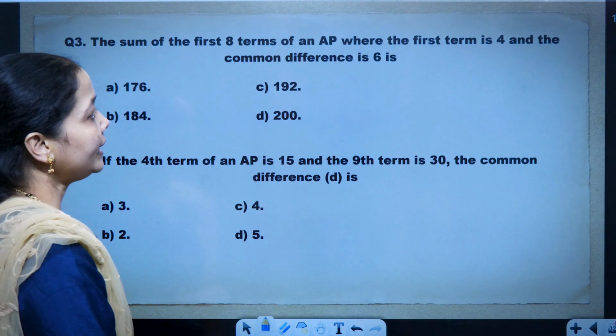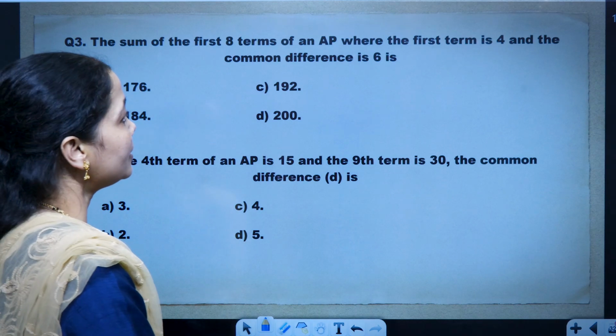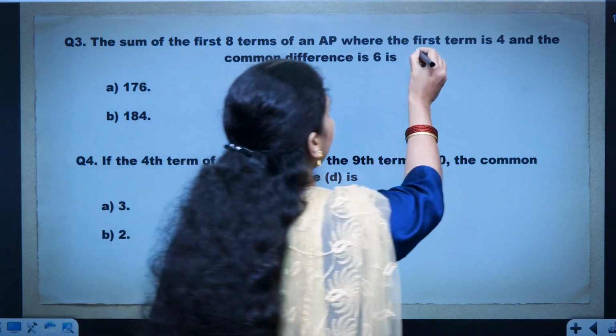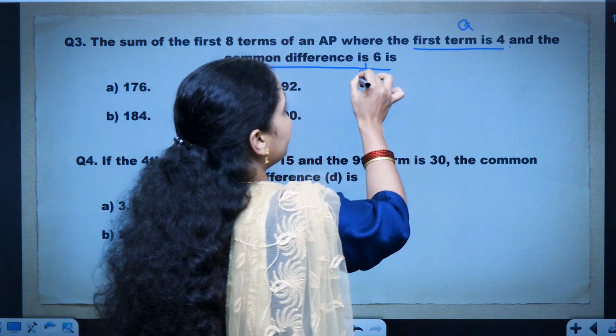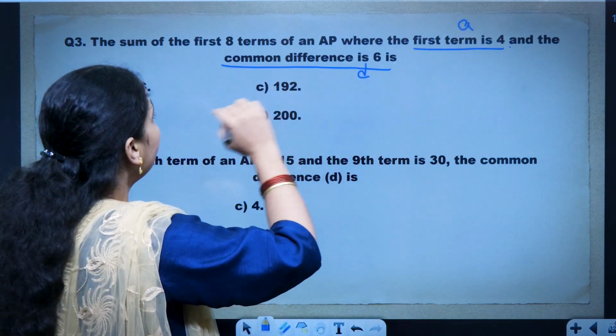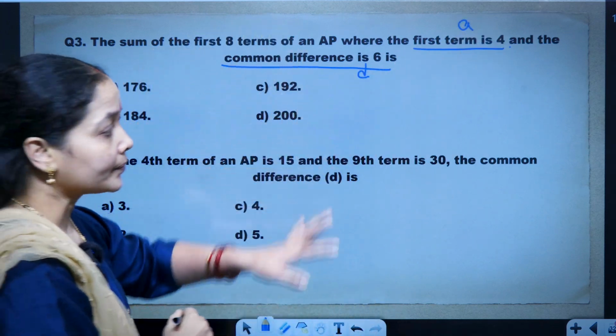The sum of first 8 terms of an AP where the first term is 4 and common difference is 6. First term is given, common difference is given. That means A is given, D is given. A is 4, D is 6. I have to find S8.